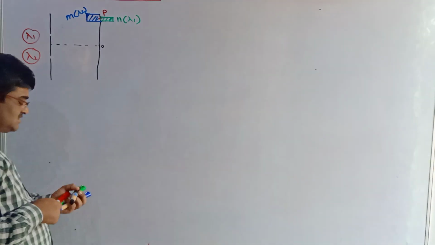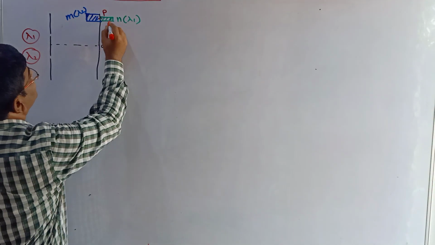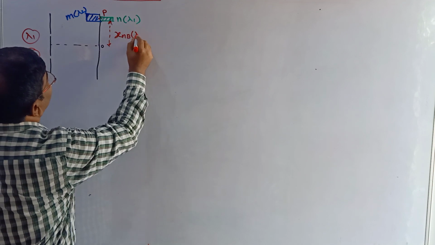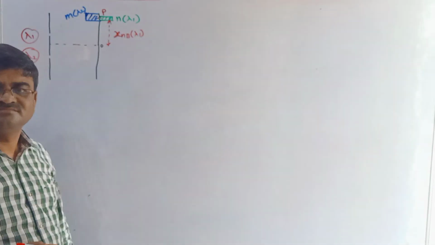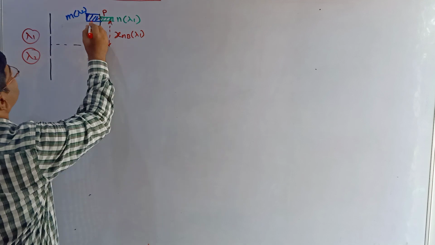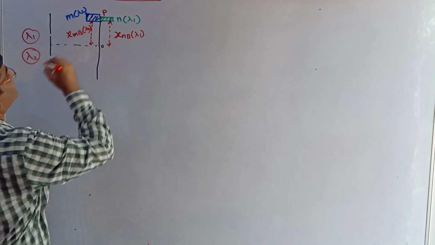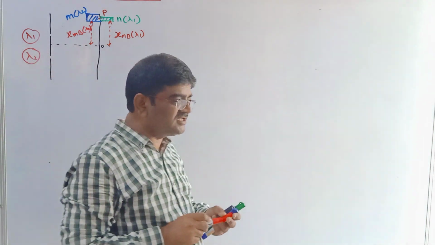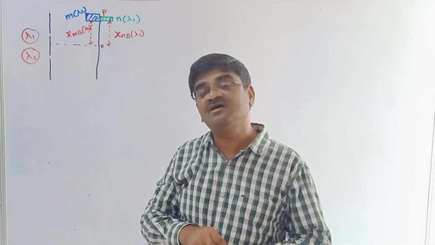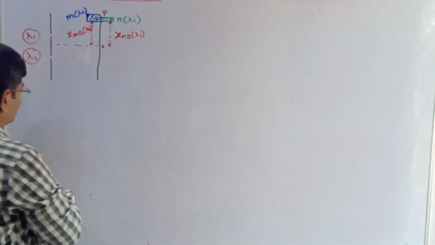This distance I would write X_nB of wavelength lambda 1. This distance I would write X_mB of lambda 2. And when I mention that they are overlapping, you simply mean that those distances are same.